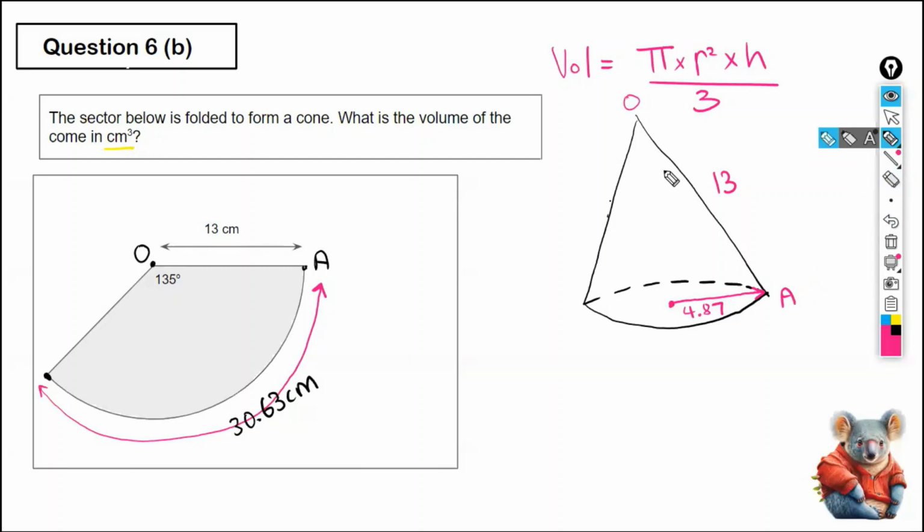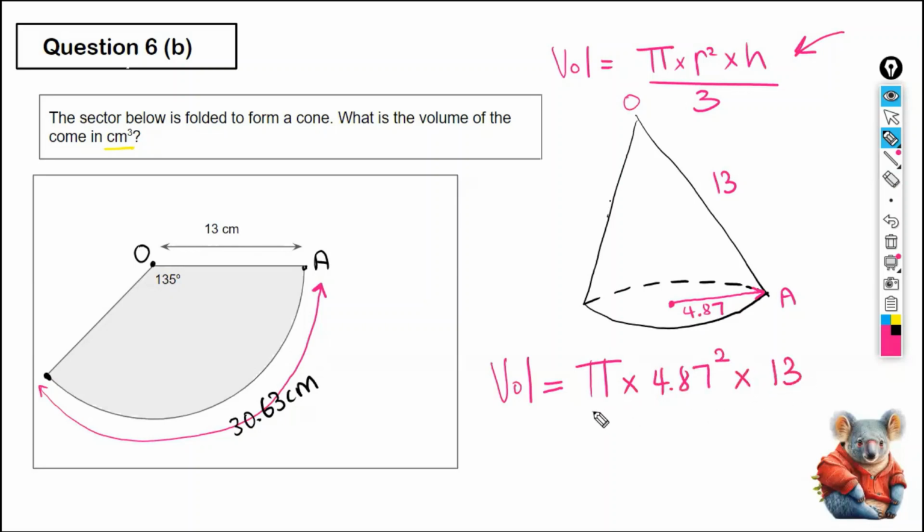I want you to find the volume of the cone. So let me do the wrong thing for you all. It's very important that you see the wrong thing. To find the volume of a cone, we're going to use this formula, like I said. So it's pi, the radius is 4.87, I have to square that according to the formula, the height is 13, and then we have to divide it by 3.